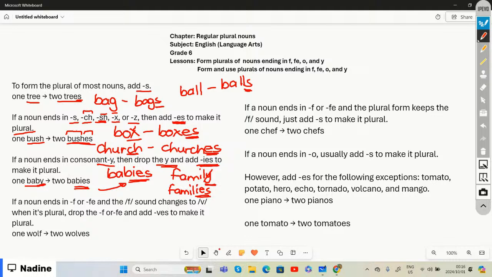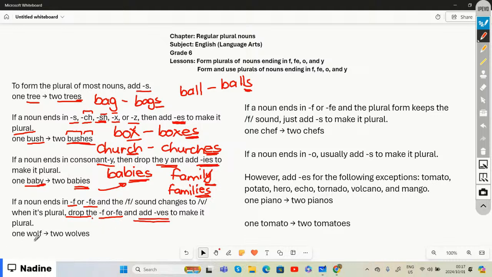And now, if a noun ends in f, or a noun ends in fe, and maybe that f sound changes to v when it is plural, then we need to drop the f or the fe, and we are going to add ves to make it plural.